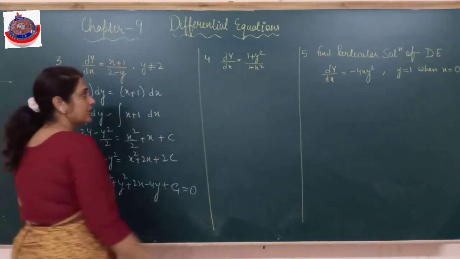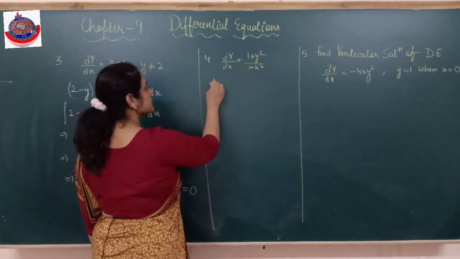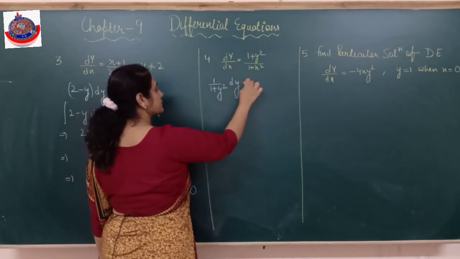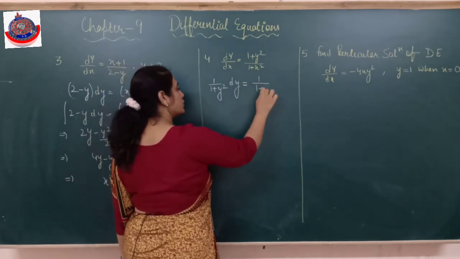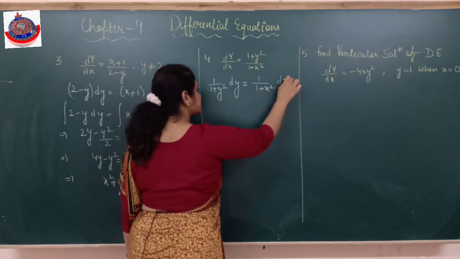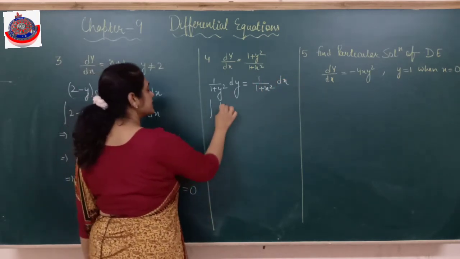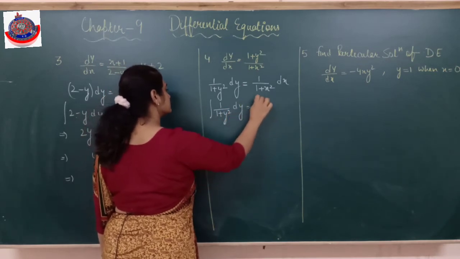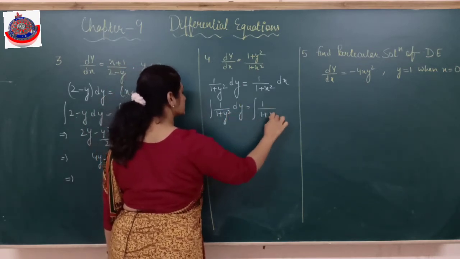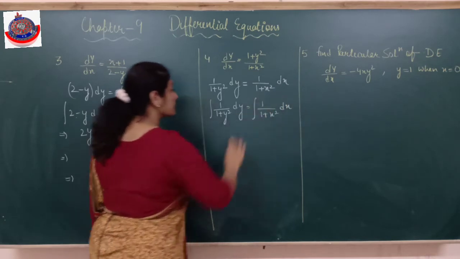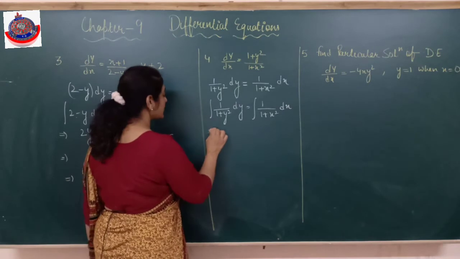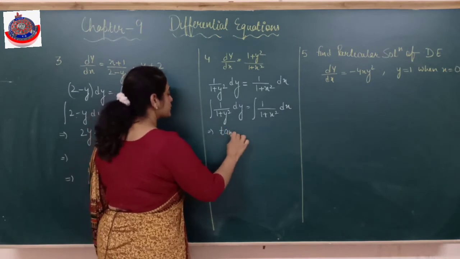Coming to this one, again segregate the variables. The y terms will go with dy. dx will go with all the terms of x, and then we are going to integrate. Alright, so integration of 1 upon 1 plus y square, that is tan inverse y, remember.